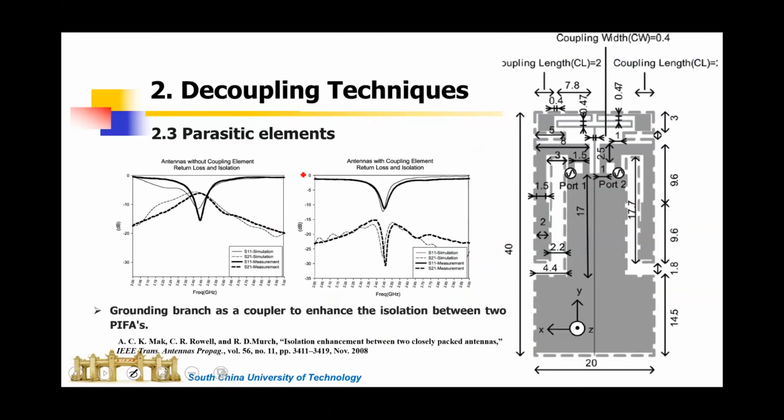Also in this work, this is the first antenna and this is another antenna, a PIFA. Here we use a passive element, so we can improve the isolation.